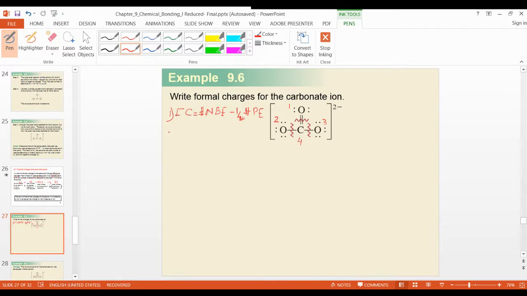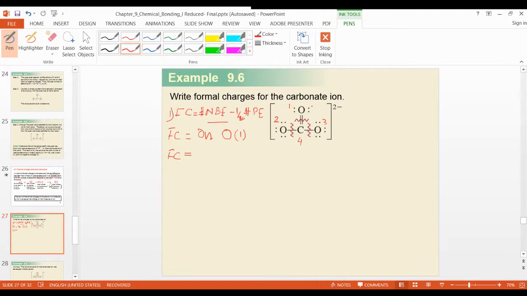So I will write the formal charge here, for oxygen number 1. What will be the charge? So now I will take this one, and you have to determine the formal charge for number 1.